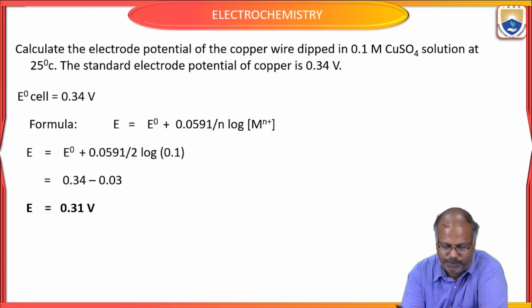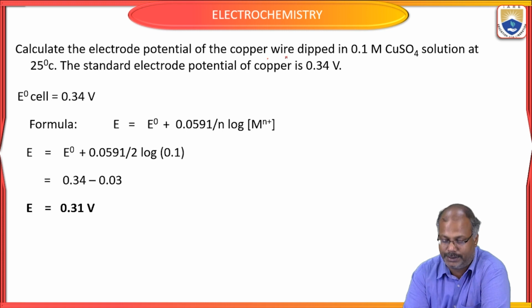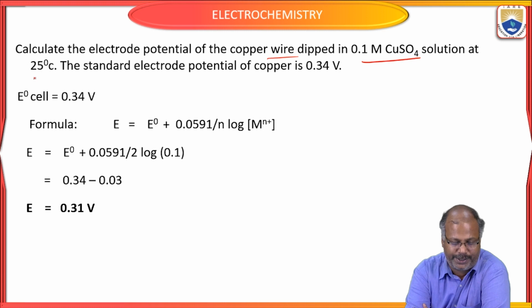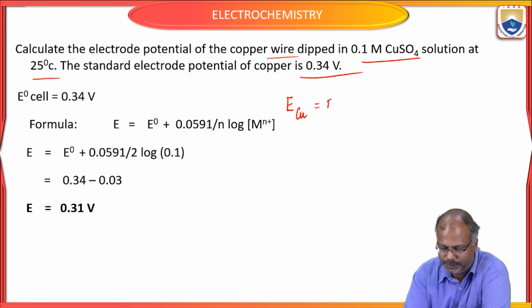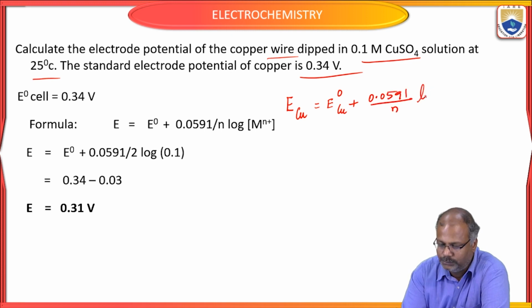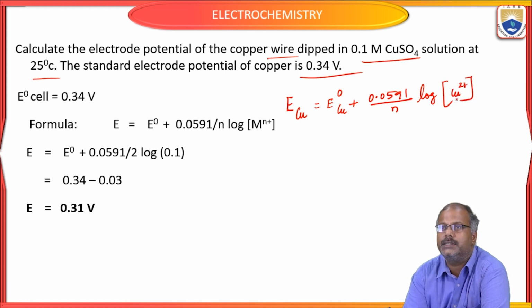Calculate the electrode potential of a copper wire dipped in 0.1 molar copper sulfate solution at 25 degrees centigrade. The standard electrode potential of copper is 0.34 volts. Again, the Nernst equation: E copper is equal to E naught copper plus 0.0591 by n, logarithm of the concentration of copper 2 plus ions.